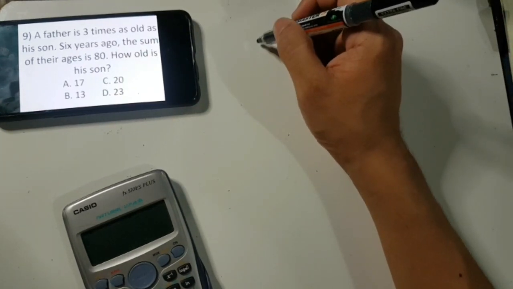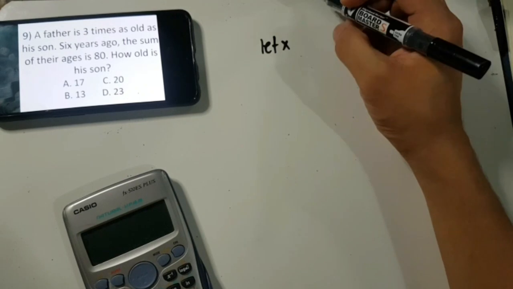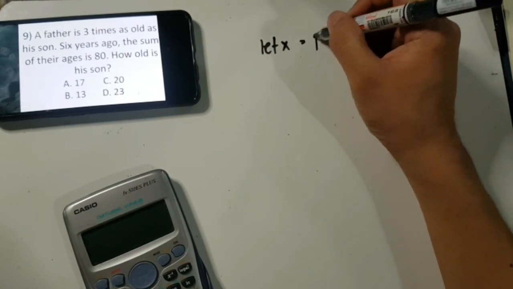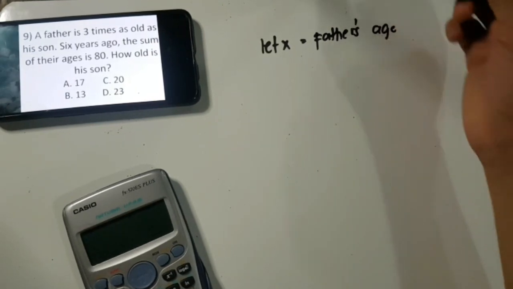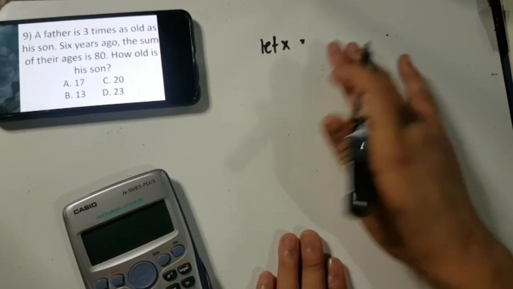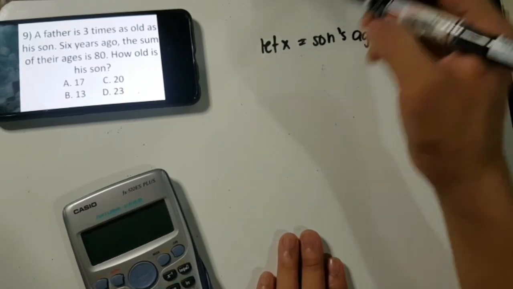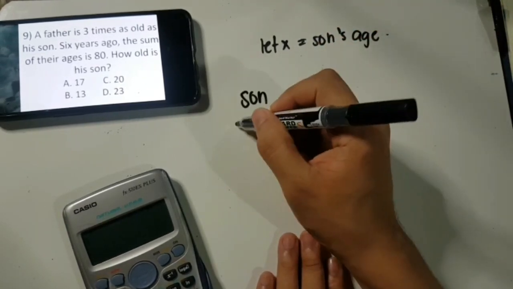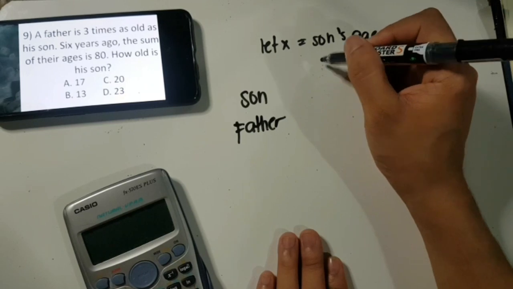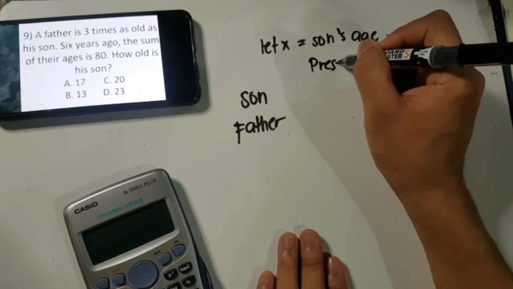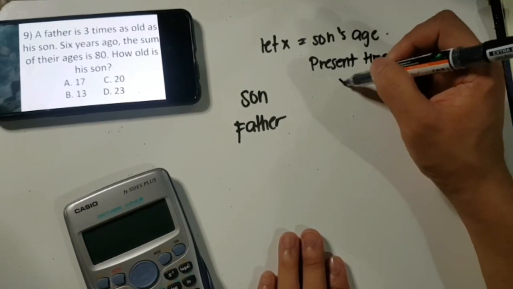So, i-let natin yung x. Let x be the age of the son. Son's age, father's age. So, present time, ang age ni son is x.